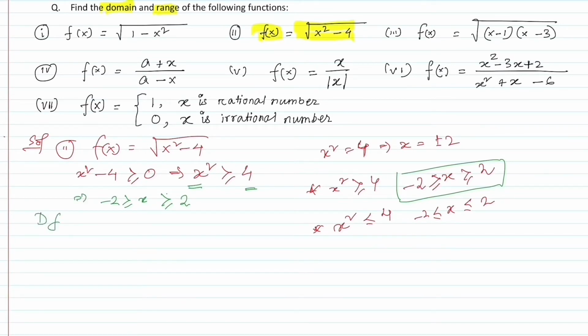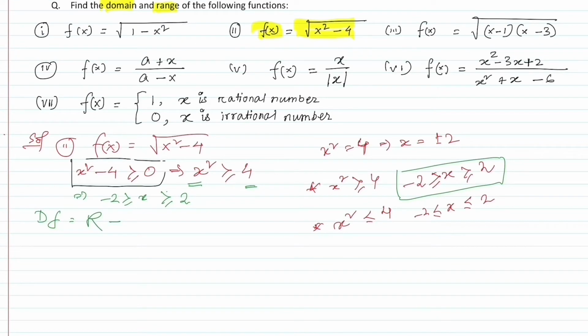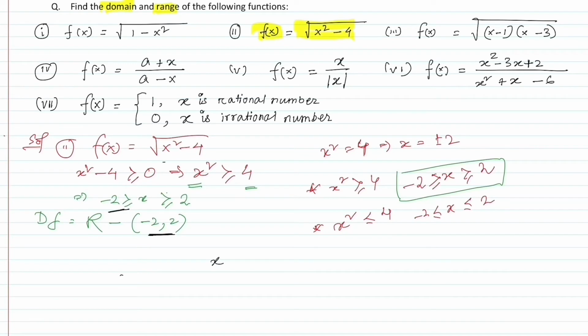Okay, so therefore the domain of this function must be equal to what? The domain must be equal to the set of real numbers minus the open interval -2 to +2. Okay, because you see, if you put any value of x which is greater than -2, maybe -1 point something or -1, then what will happen? x square minus 4, suppose we have taken here -1, which is greater than -2, isn't it?